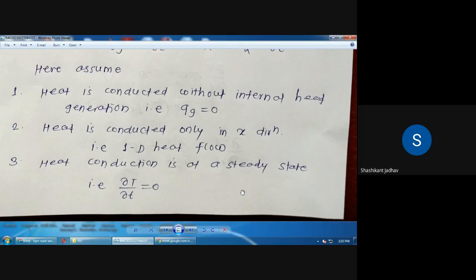Shall I proceed? Three assumptions are there. First, internal heat generation is zero. Second, heat is conducted only in x direction. Third, heat conduction is at a steady state. By using these assumptions, we have to derive the equation.